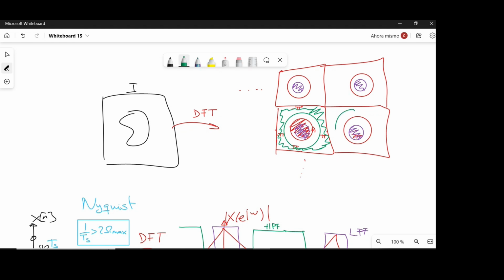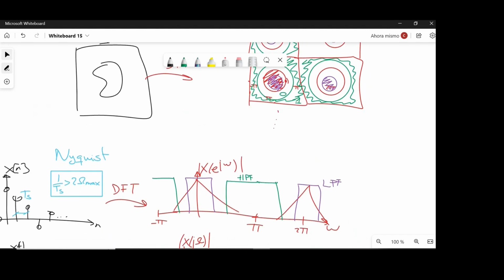And I'm doing the same in all other copies. So in all these areas, I have 1, and here I have 0. It's the same that we are having here. So I'm having here a 1. Then outside that area, I'm having 0 in my field.